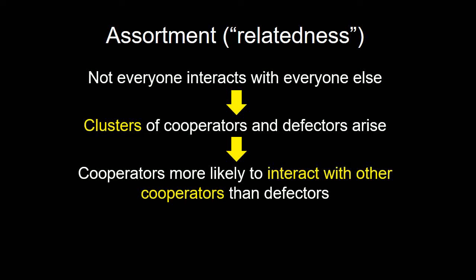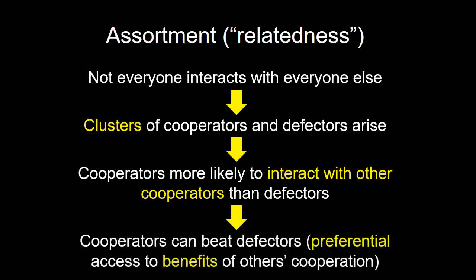The problem of the social dilemma is that cooperators bear the cost of cooperating, the defectors don't. But when there's assortment and these clusters, cooperators not only have to pay the cost of cooperation, but they also get more access to the benefits of cooperation because they're more likely to be matched with other cooperators.